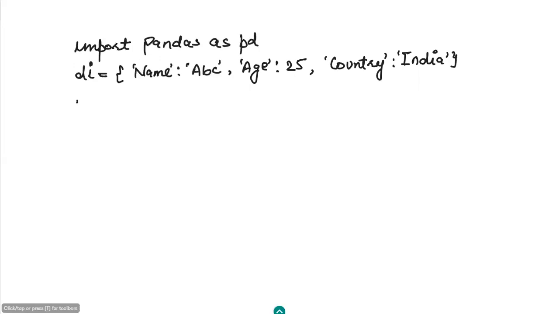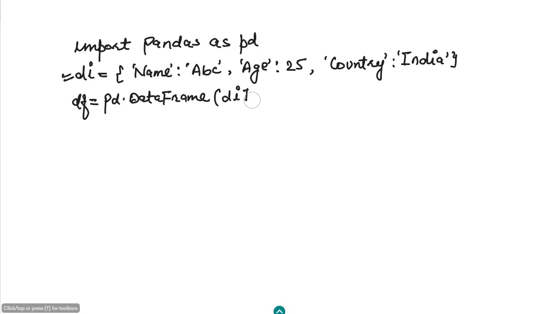And now create a simple data frame that is df pd dot data frame and pass this dictionary, that is di, in this data frame.